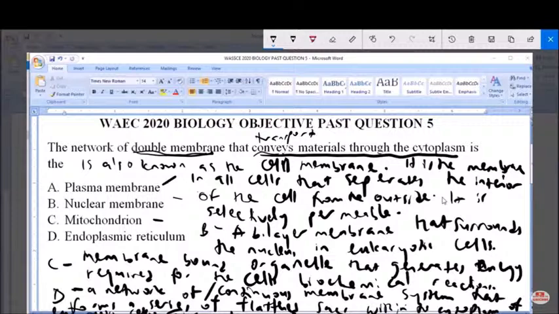And as we have seen here, option D, which is the endoplasmic reticulum, is a network or continuous membrane system that forms a series of flattened sacs within the cytoplasm and functions to transport materials, specifically proteins, within the cytoplasm. So that is the closest definition, or more or less the same definition as you have in the question. So the correct answer is option D, the endoplasmic reticulum.